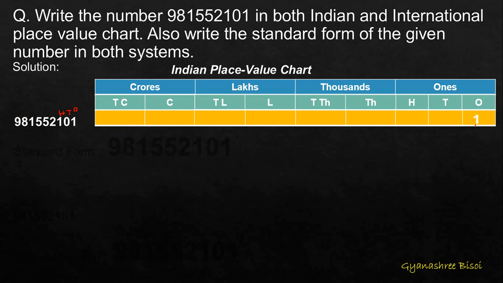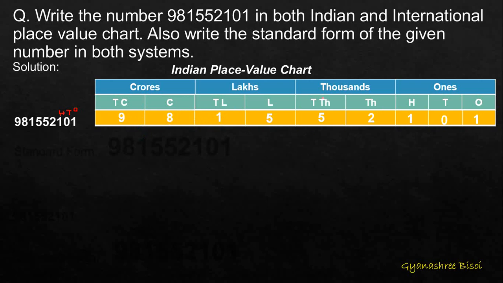So at ones place I will write 1, tens place 0, hundreds place 1, then at thousands place 2, ten thousands place 5, lakhs place 5, ten lakhs place 1, crores place 8, and ten crores place 9.